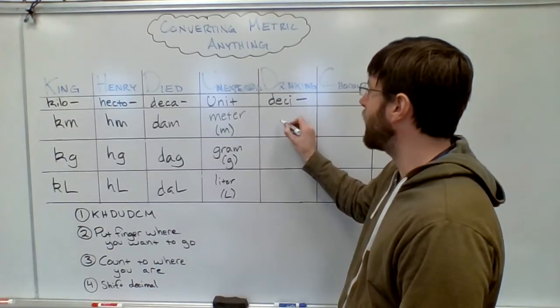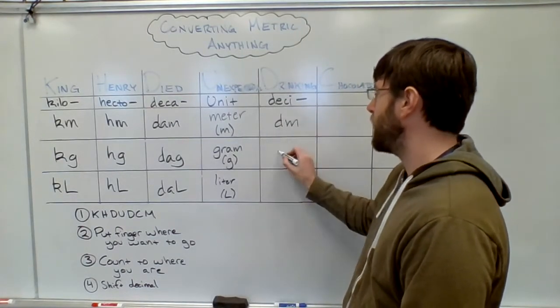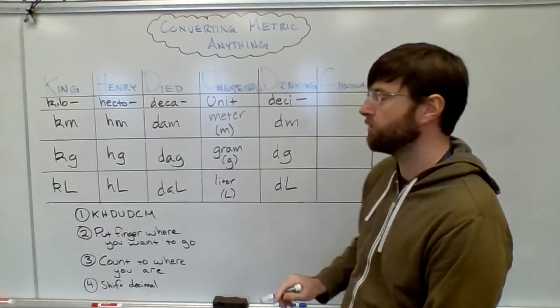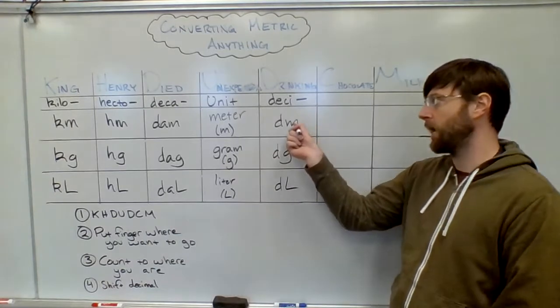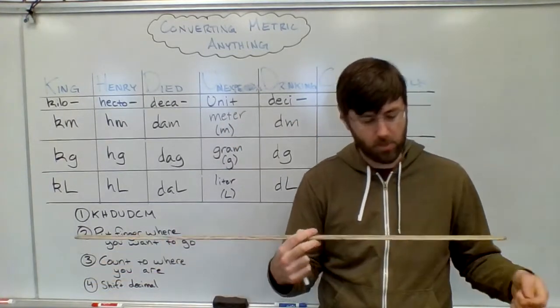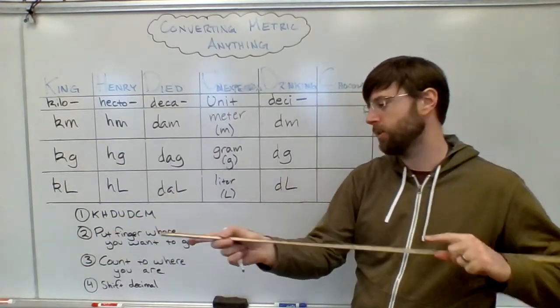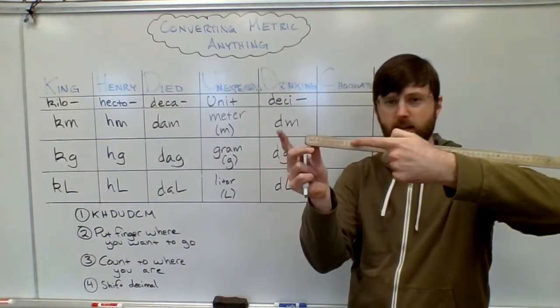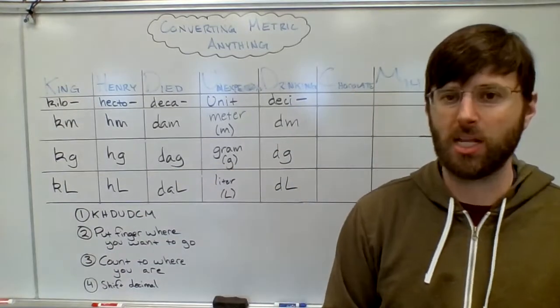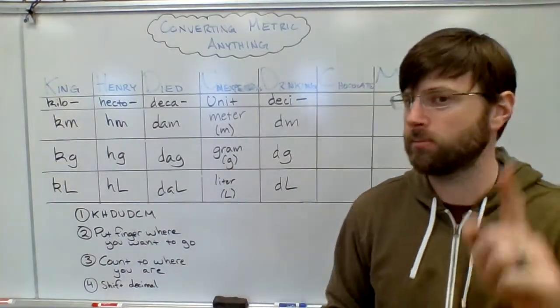So deci. So a decimeter, a decigram, and a deciliter. It would take 10 decimeters to make a meter. So in my hand, I'm holding a meter, and this is the length of a decimeter, 1/10 of the whole meter. So deci means tenth. That's why the decimal system.